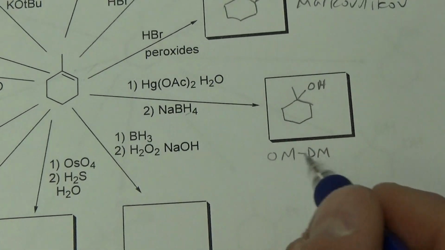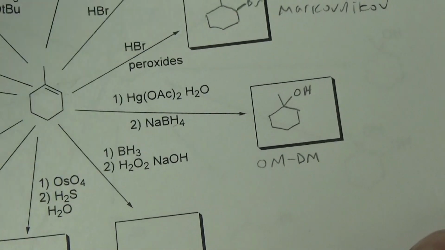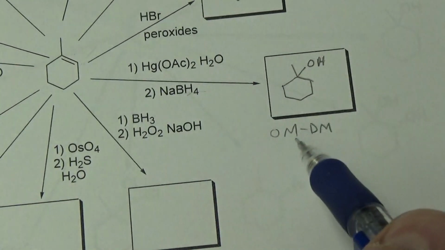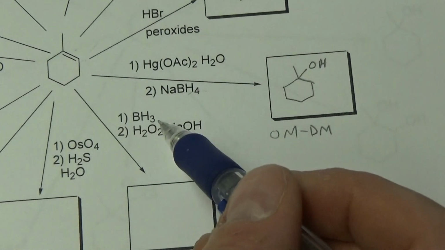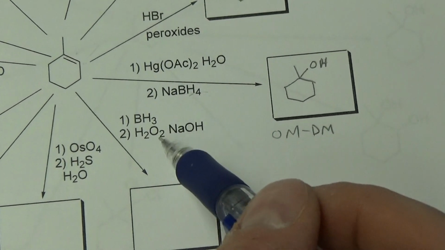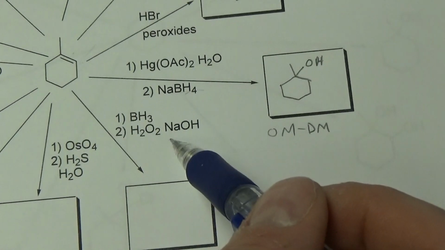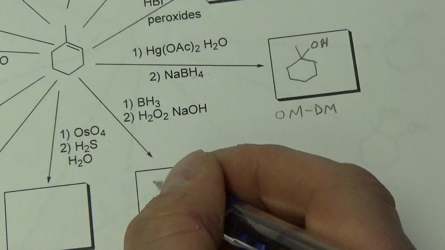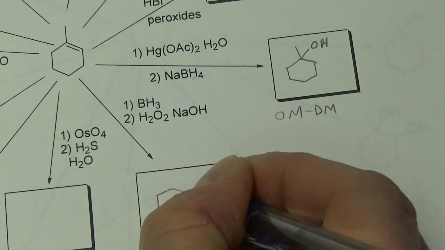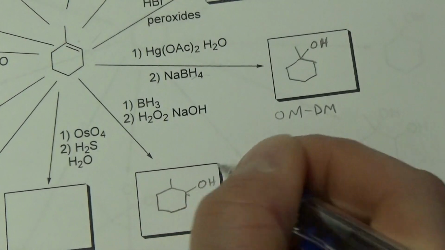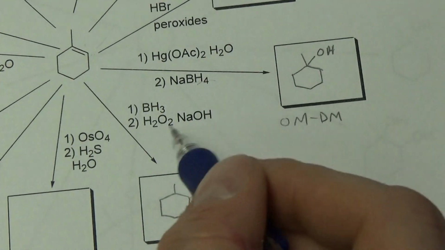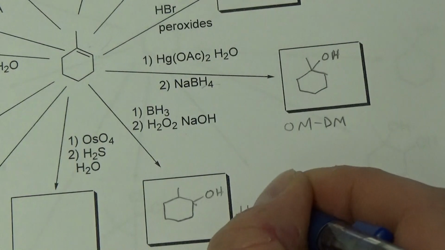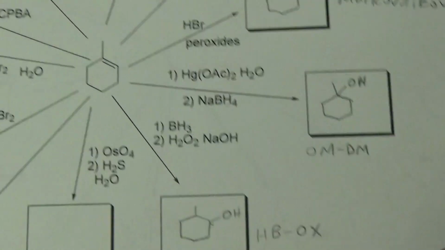That's my abbreviation for the name. This BH3 one gives you the anti-Markovnikov alcohol. So this is Markovnikov, this is the anti-Markovnikov alcohol. And this is called hydroboration oxidation. I call this HBOX. This is my own personal abbreviation.